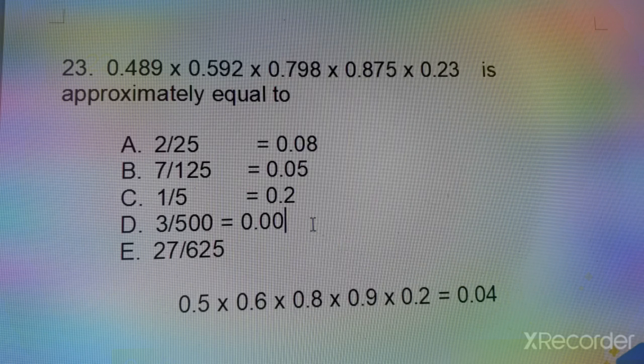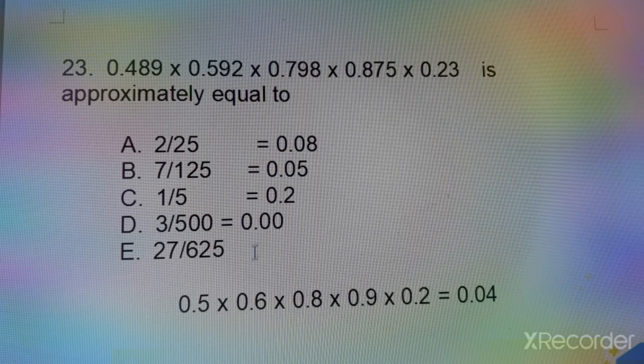Now, let's proceed to letter E. For 27 divided by 625 is none. And then add 0, so add a decimal point. 270 divided by 625, still none. So add another 0 to your 270. So 2,700 divided by 625.